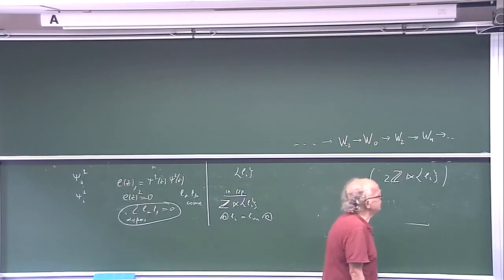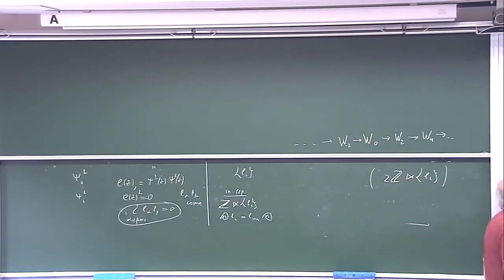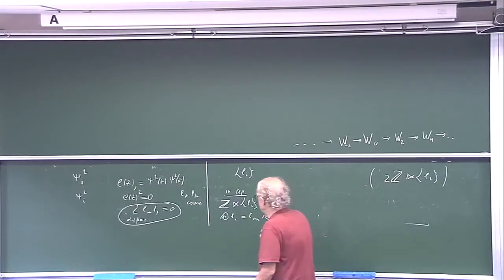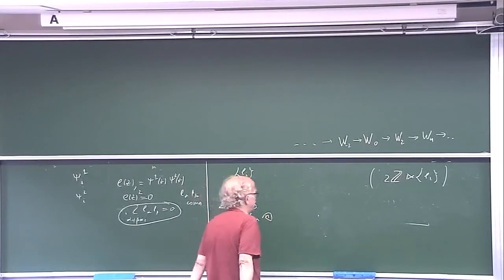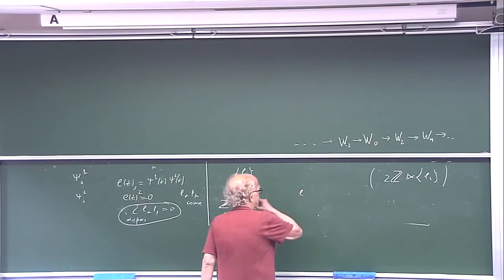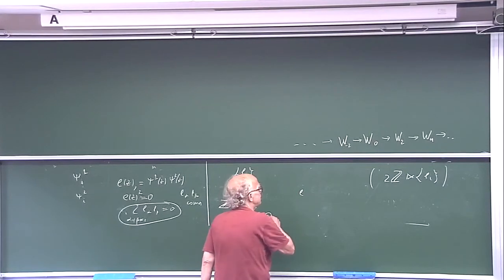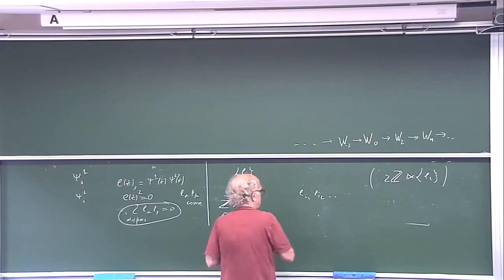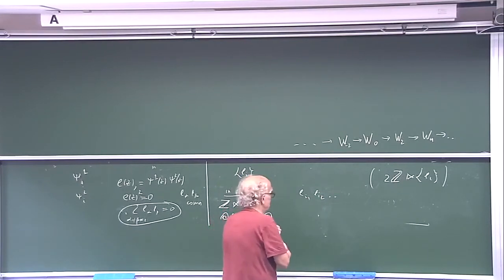Now, if you are talking about the semi-infinite construction, then I claimed that in W, for example, the basis consists of elements EI1, EI2, and so on with the Fibonacci condition.